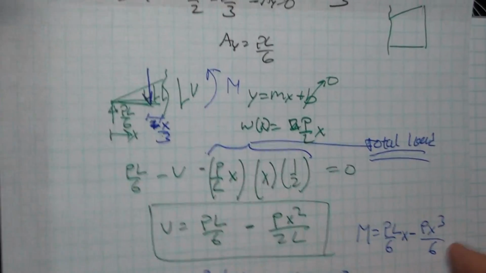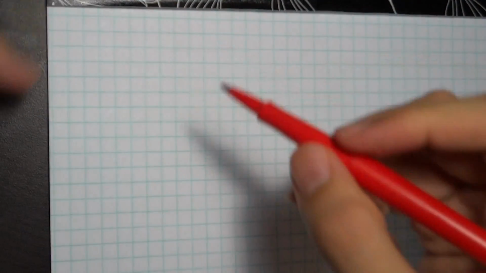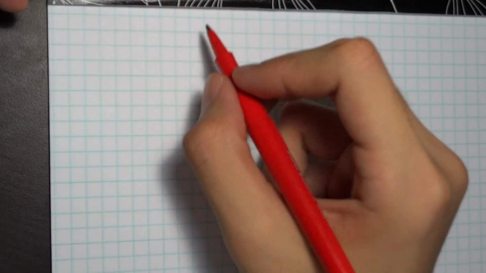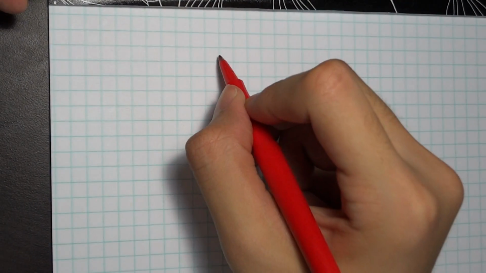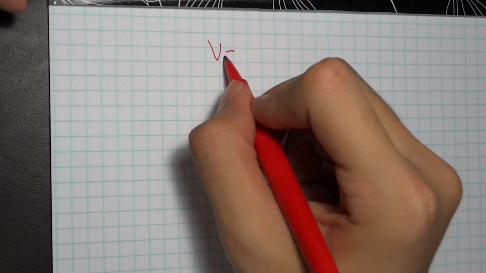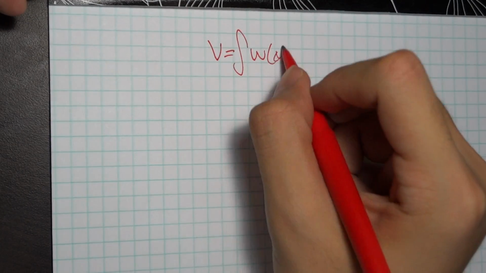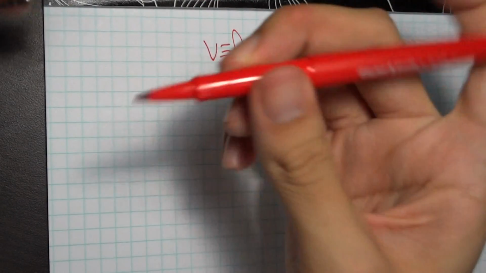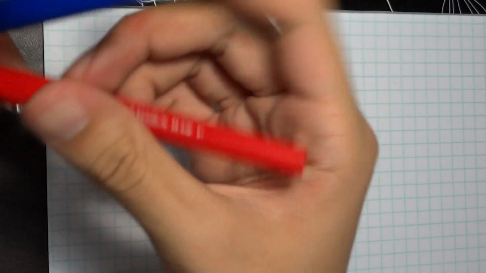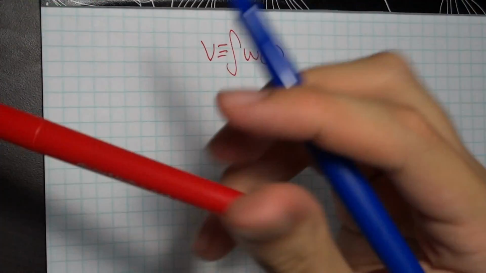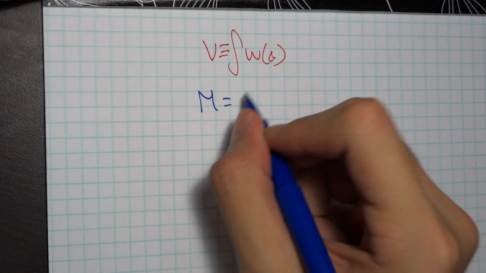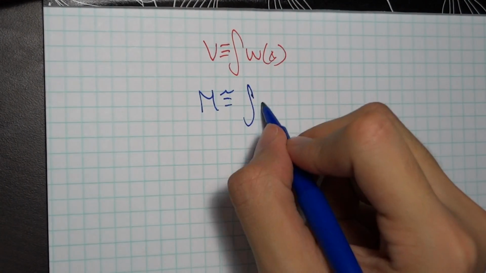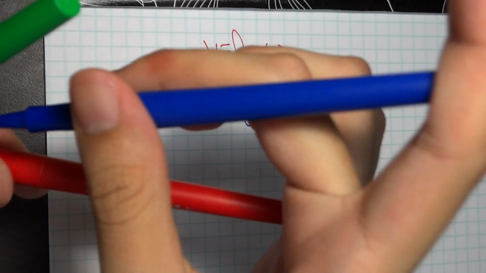The only way I can think of showing this to you is if you remember your equations, v equals the integral of omega x, approximately. m equals the integral of your v.